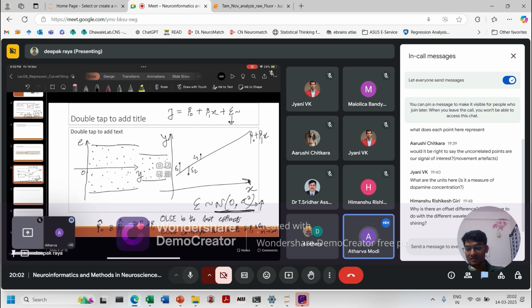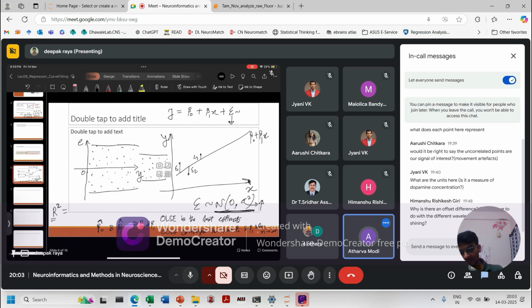So this spread alone doesn't tell us if our fit is good or bad. We need to scale this with something. What we use as a measure of how useful our model is, basically how useful this beta naught cap plus beta 1 cap x model is, is a term called r square.